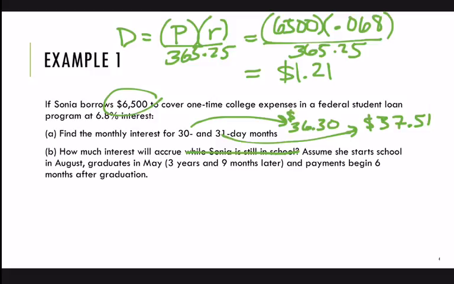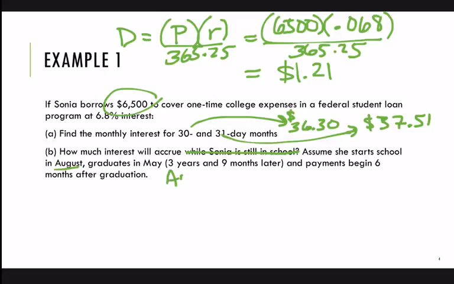Now, your textbook is counting a full year as end of August to end of August. So if we wanted to find the total time period before payments begin, she graduates in May, 3 years and 9 months later, and if you add 6 months to that, that's going to put us at the end of November.